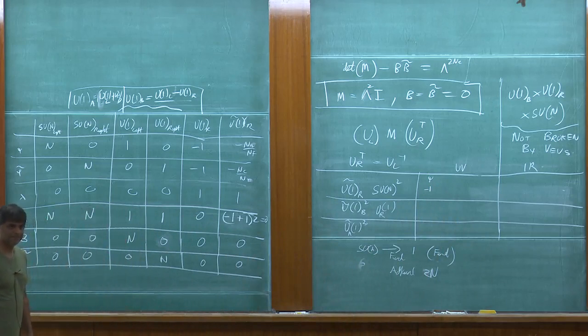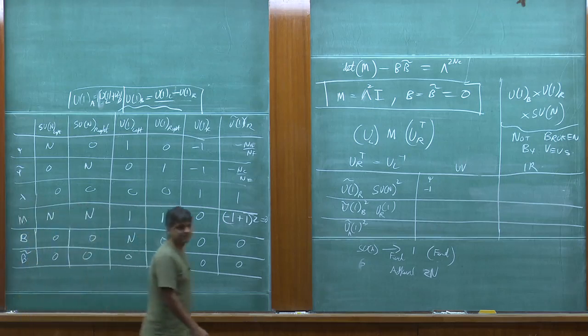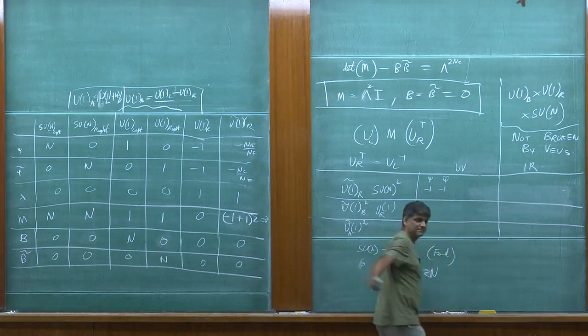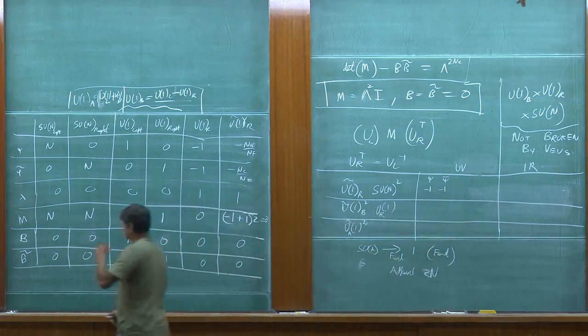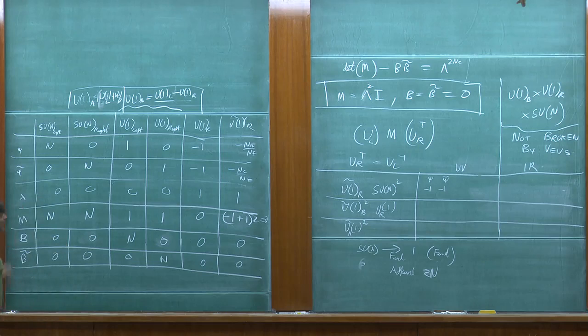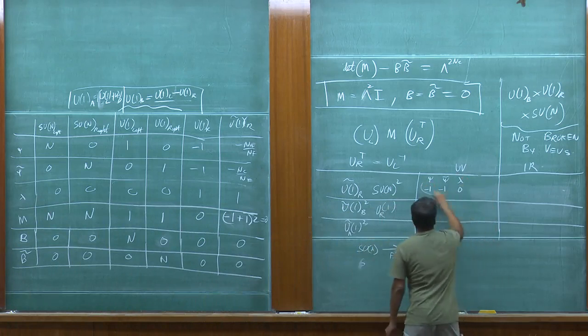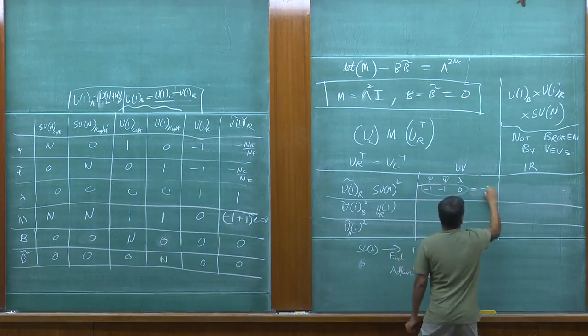Is it clear? The contribution from psi tilde is the same, -1. What about the contribution from lambda? Well, lambda was uncharged under SU(N), so we just get 0. So the total is equal to -2.